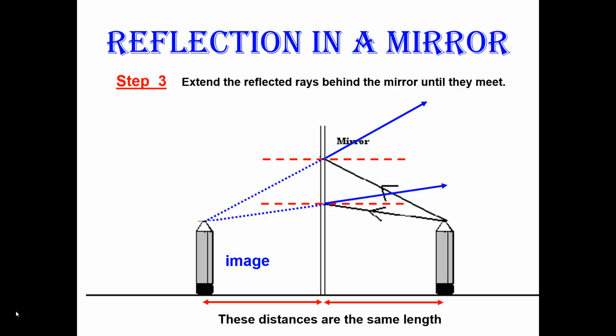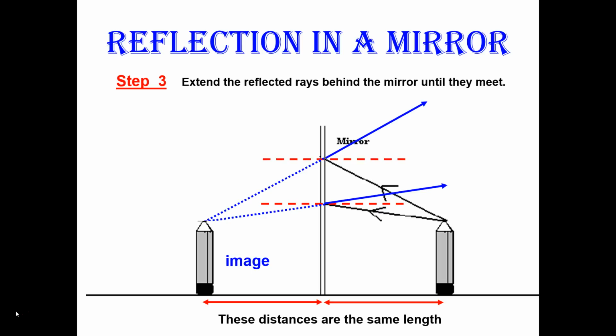The distances are the same length. So the distance between the actual pencil and the face of the mirror is the same as the distance between the face of the mirror and the image of the pencil. Now, you know that just through experience. You know that from looking at your own image in the mirror, your image appears to stand as far back from the face of the mirror as you do.